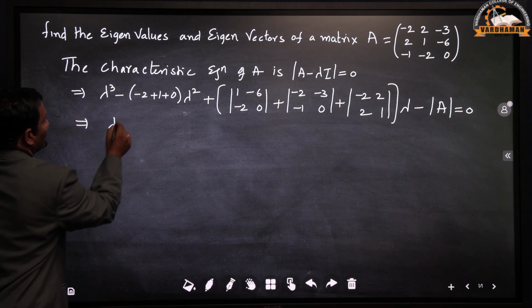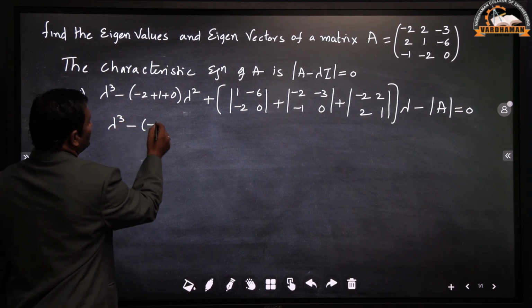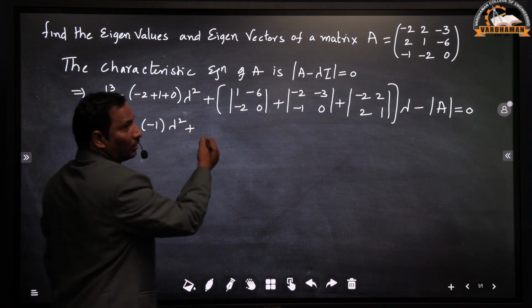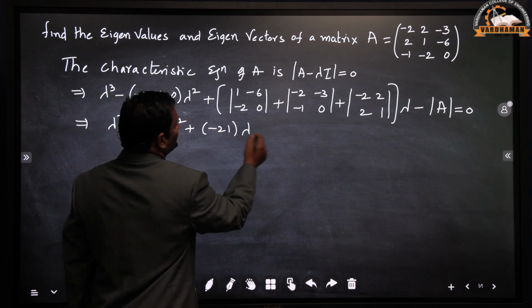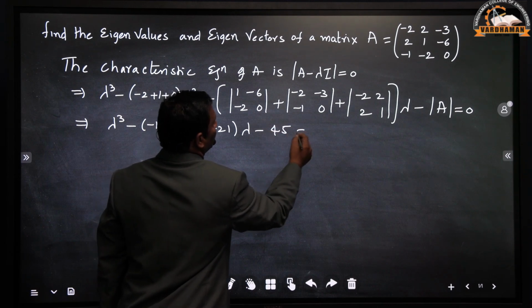Next, on simplifying we will get lambda cube minus 1 into lambda square plus, on all this, we will get minus 21 into lambda minus, the determinant is given as 45, equals to 0.